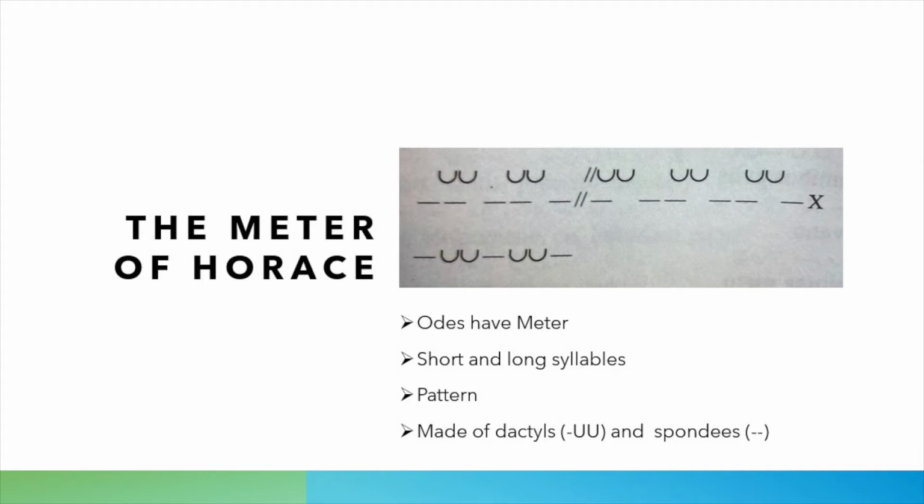A really important piece of Horace's writing is meter. So you might be asking, what is meter? Meter is a pattern of short and long syllables. The lines represent long syllables, and the short ones are the U's.